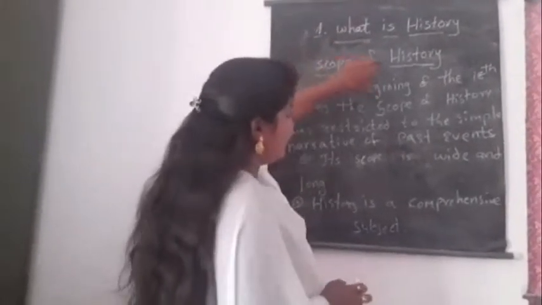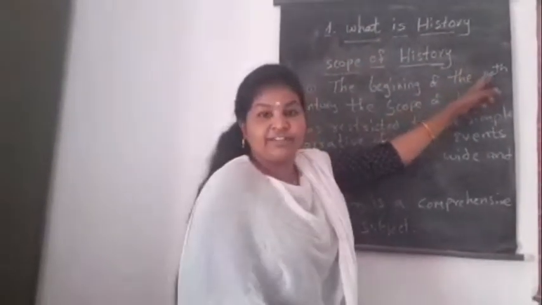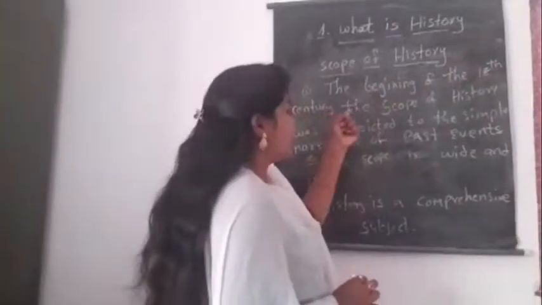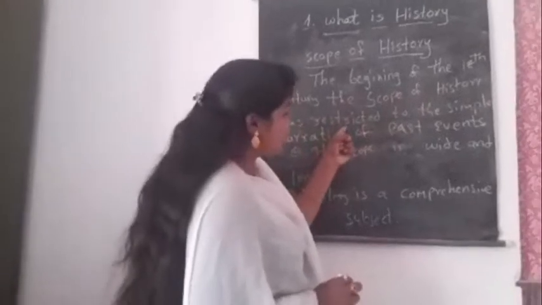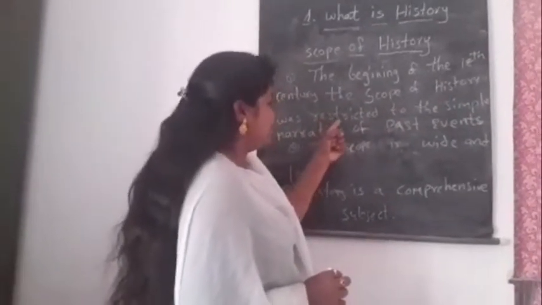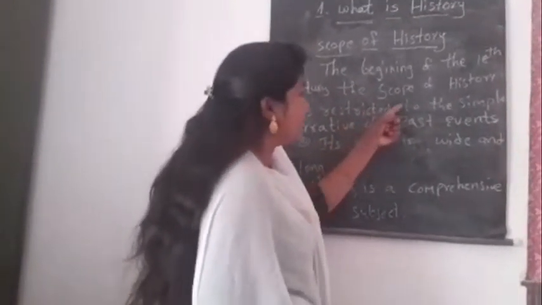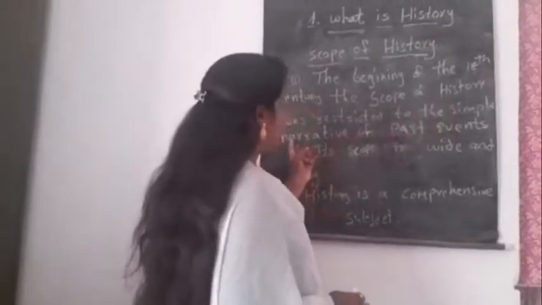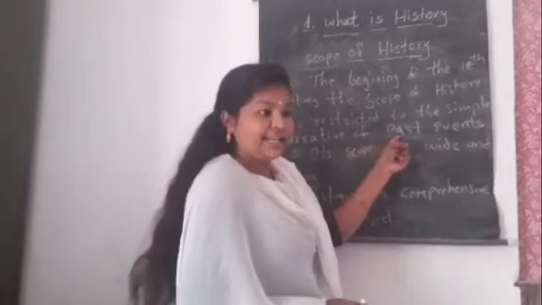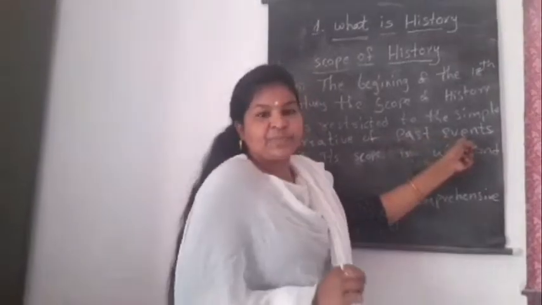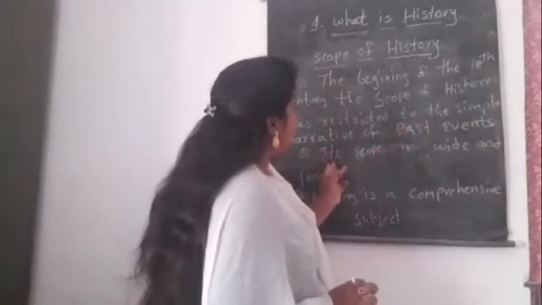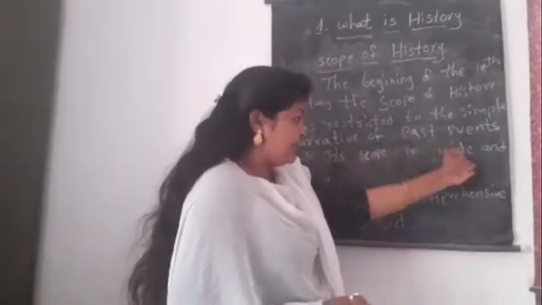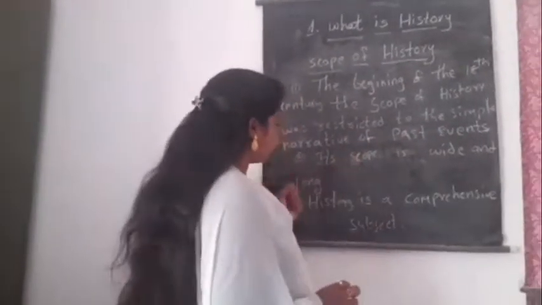What is the scope of history? Listen, all of you. The beginning of the 18th century. Which century? 18th century. The scope of history was restricted to the simple narrative of past events. Second point, history scope is width and long.